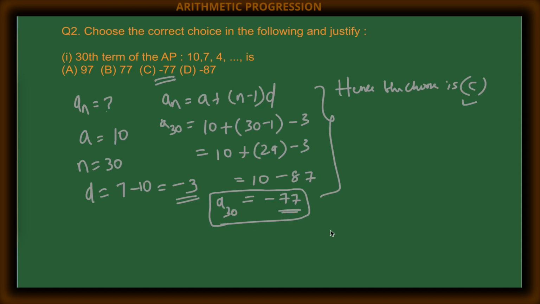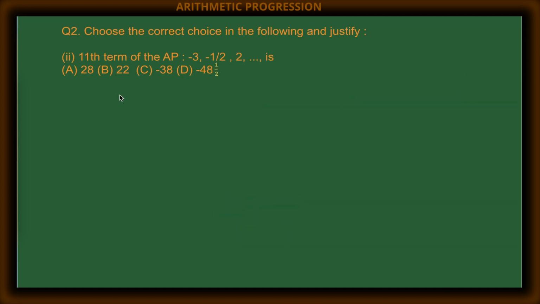The next section talks about question 2, subsection: the 11th term of an AP. So the 11th term is given, n is given. We need to choose the correct choice for the 11th term. So a is given as minus 3.